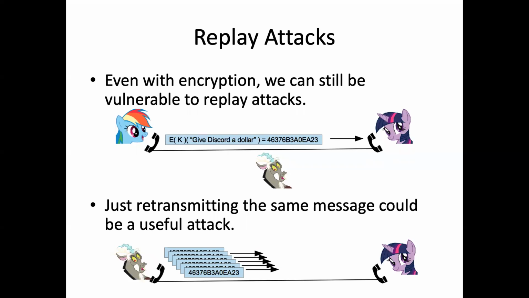But if that's all you did, you could still be vulnerable to a replay attack, because for some messages, sending out multiple copies can have a useful effect for an attacker. That's a vague way of saying what I'm trying to show in this slide.